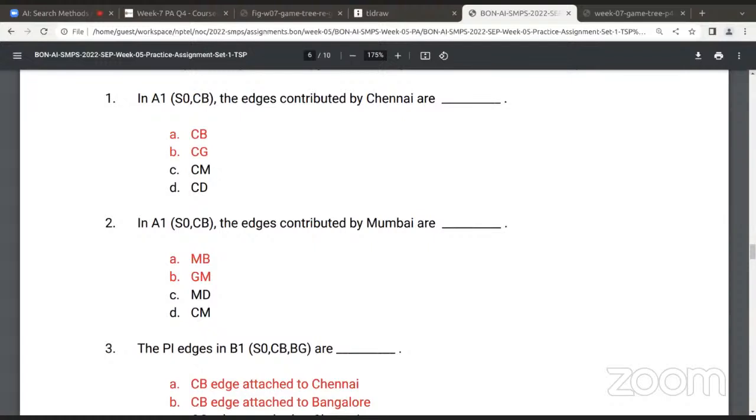From Bangalore, I'm coming into Chennai. Because from Chennai, I am going to Bangalore, from Chennai I cannot go to Goa. From Chennai, I am exiting to Bangalore.